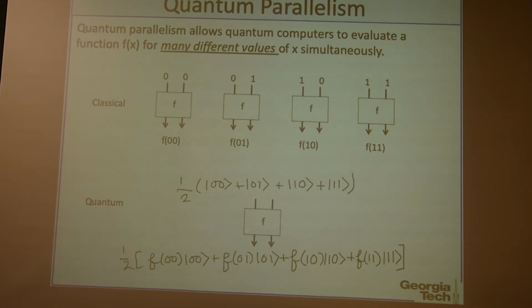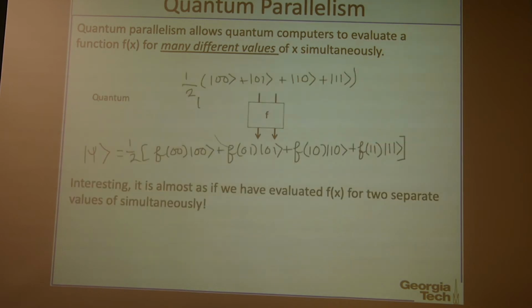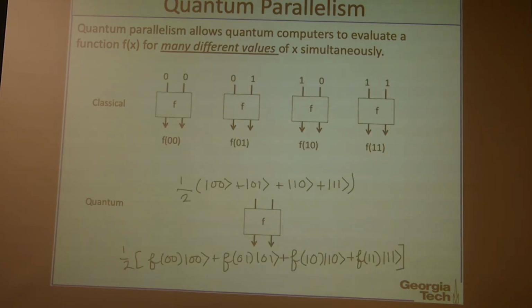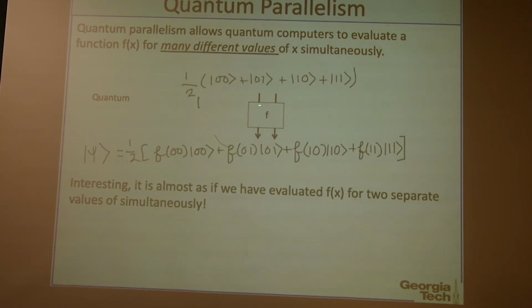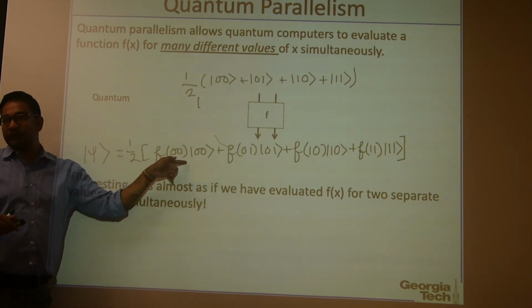So again, the idea is that if we can create a superposition of states as the input, the function seems to have calculated all the output results at the same time, rather than having to go through many cases. So that's one reason why this works. Okay, that's pretty cool. But that's not all, because when you measure the output, you will measure only one output over here.